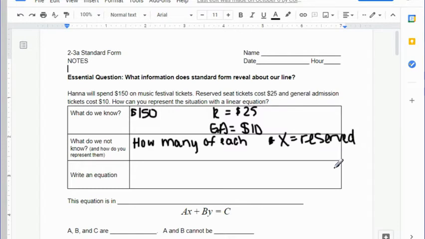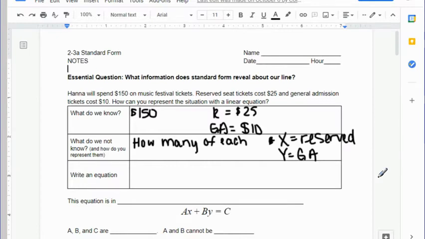If X stands for reserved tickets, we can't use X again for general admission tickets because they don't cost the same amount of money. So we'll use Y for the general admission tickets. This is the reason why you would choose to use this form, is if you have two things that you're looking at that cost different amounts.